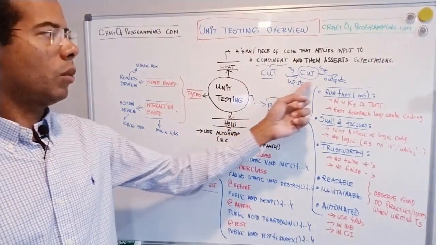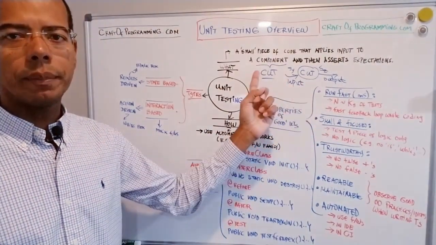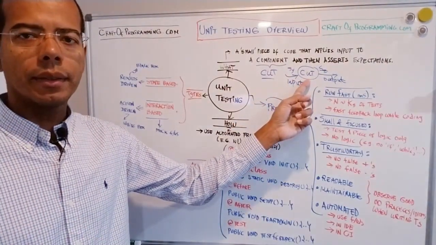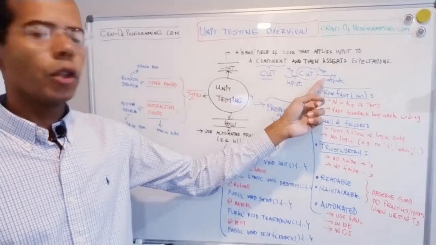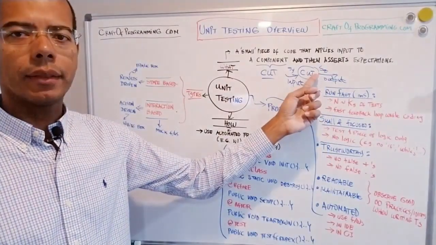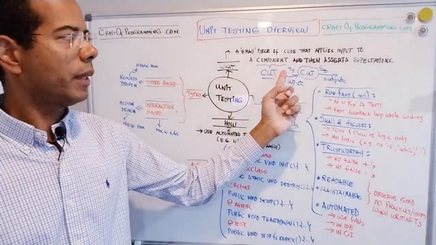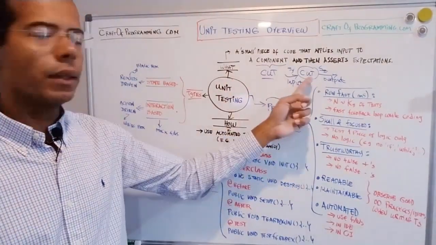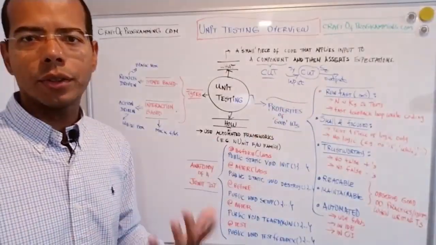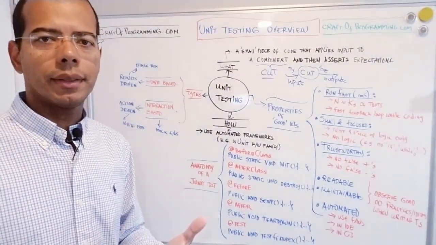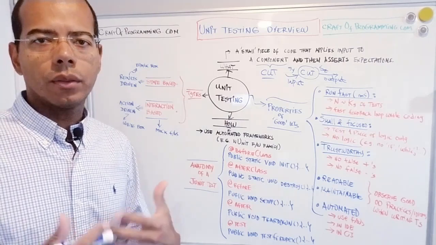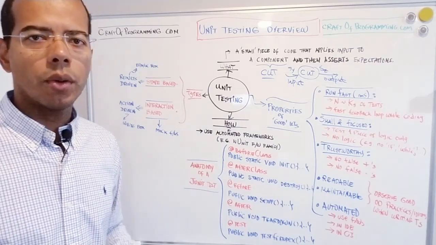You apply an input onto the system or the component under test, and at the end, you assert that the component has moved from state Y to state Z as a result of your input. You don't care how it got to that state. That's why it's a results-driven test. This is state-based testing, and that's what JUnit typically supports.